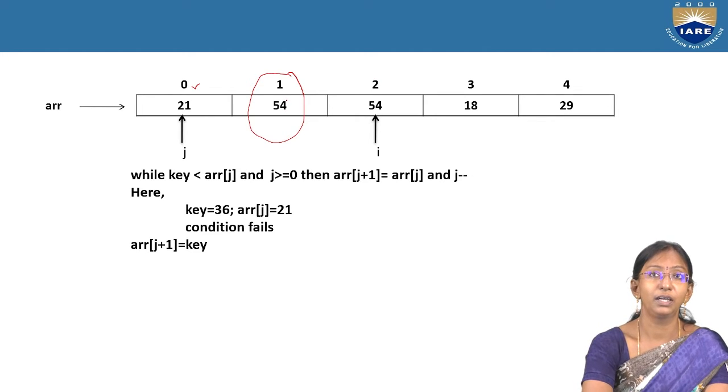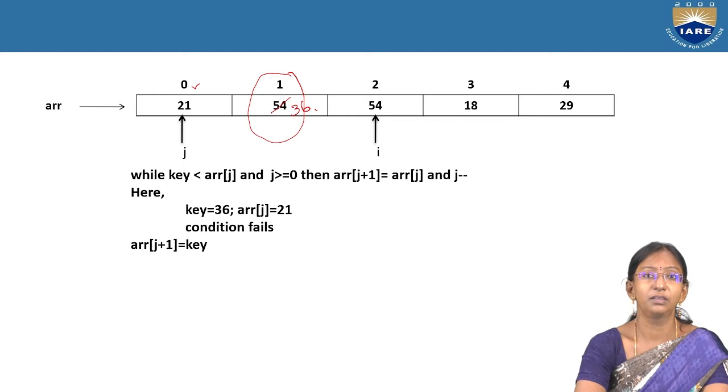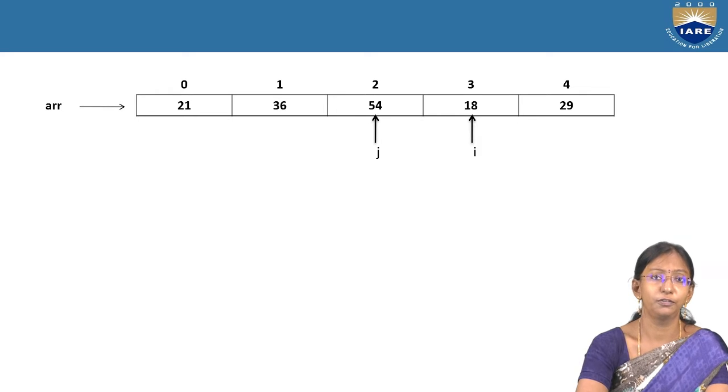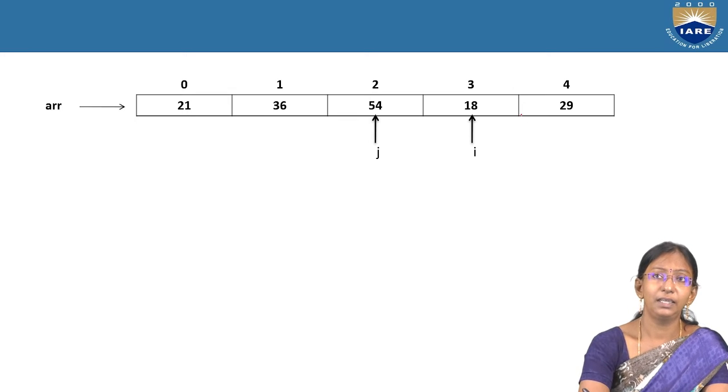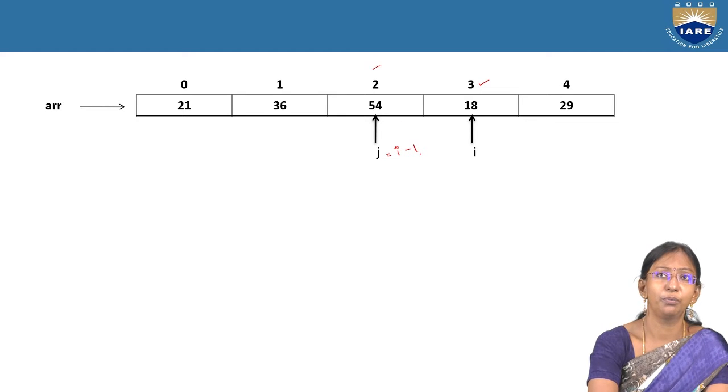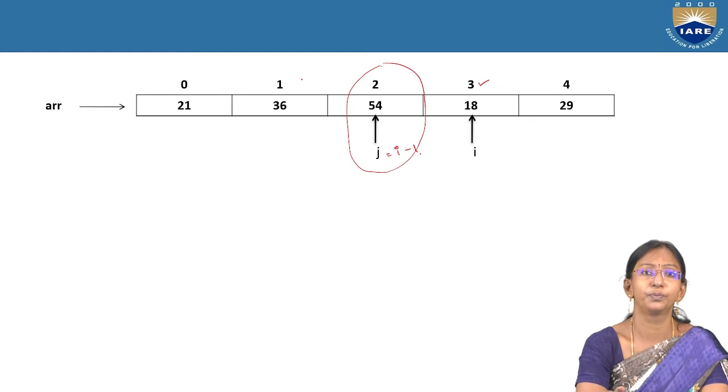So you have to overwrite it with 36 and increment I. Now your list is changed to 21, 36, 54, 18 and 29. As you have incremented I, now I is pointing to index value 3, and J is initialized to I minus 1, which is pointing to 2.